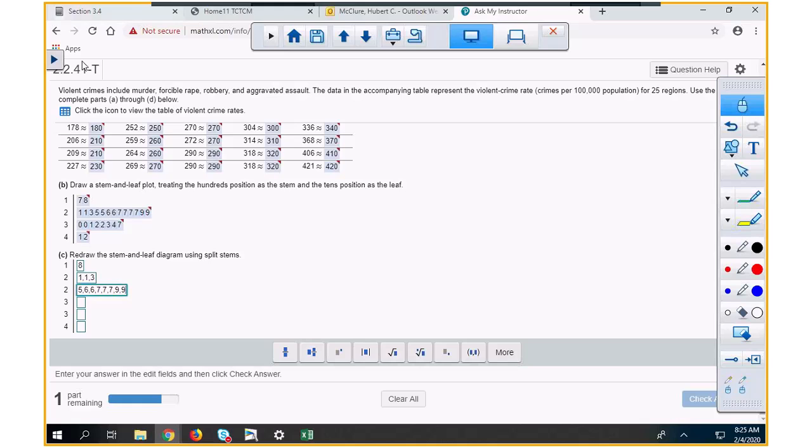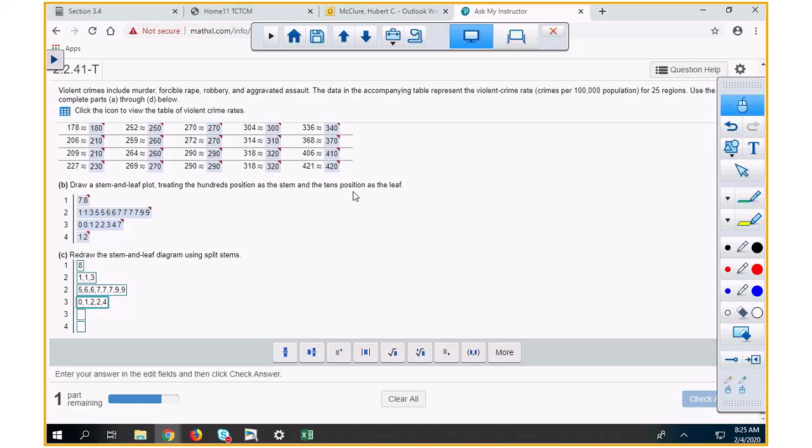And then 300 to 340. So 300, that's going to be 0, comma, 10, comma, 20, another 20, comma, and 40.